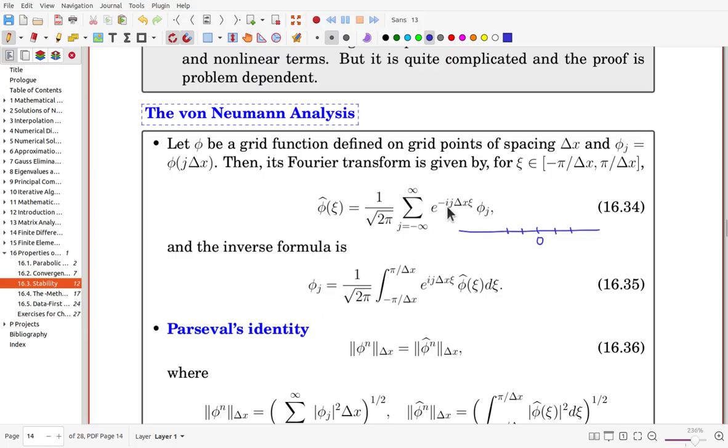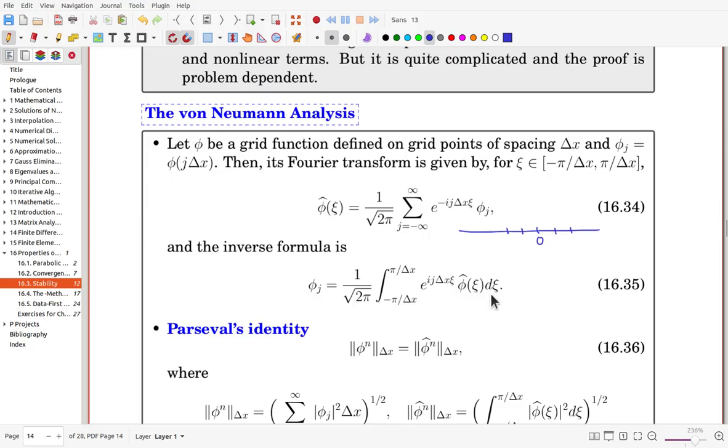Look at over there. This i is the imaginary unit, minus i here, and here that is positive i, and this is indicating the grid point, and this is the frequency.